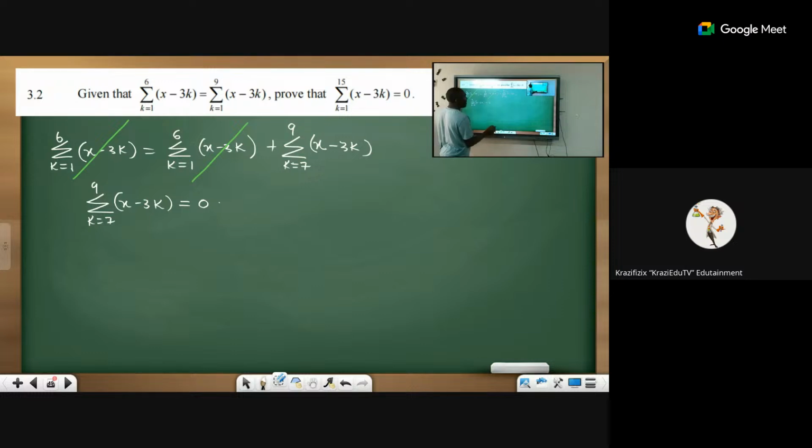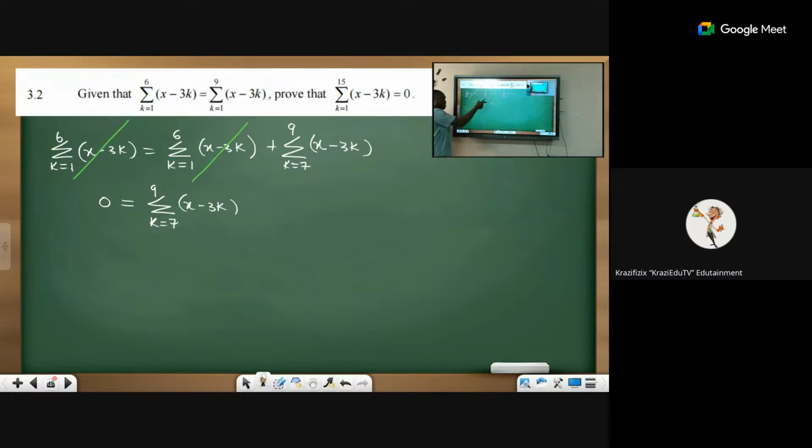That's to be 0. No, those two cancel out, because these two cancel each other, so 0. Therefore, sigma from 7 to 9 of x minus 3k.